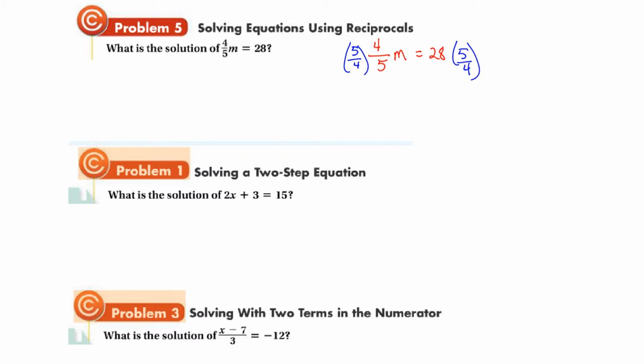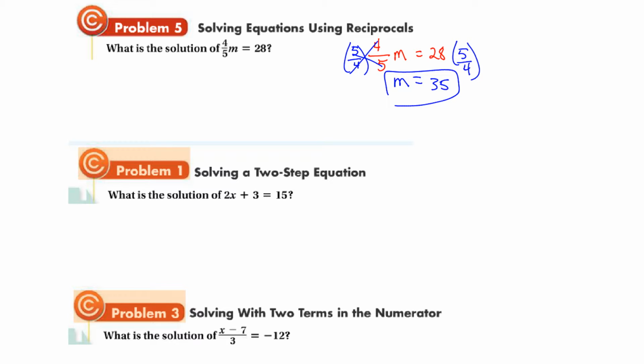When I do that, those cancel each other out, leaving me with m equals, and then if I multiply 28 times 5/4, I get 35. So m would equal 35.